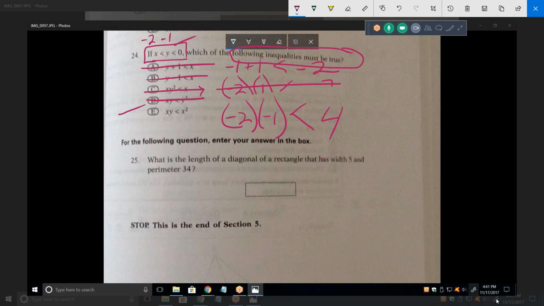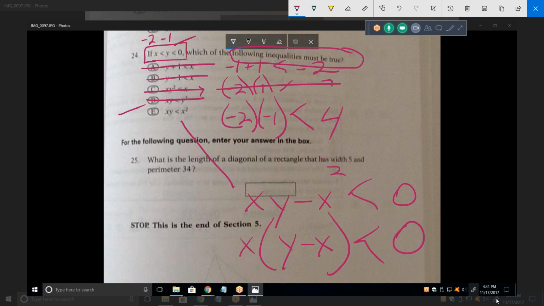Just from an algebraic point of view, the way I would proceed would be this. xy minus x squared has to be less than 0. I would factor out an x, and I would get y minus x has to be less than 0. And that's only true if these are opposite signs.